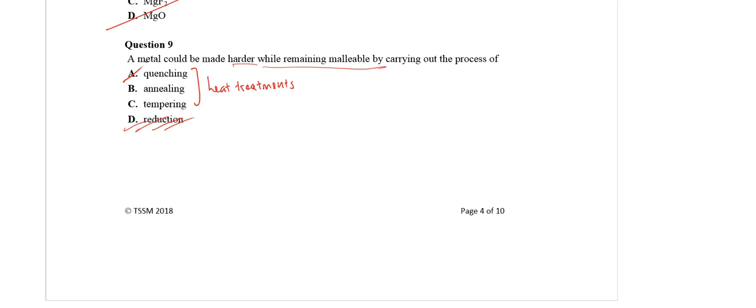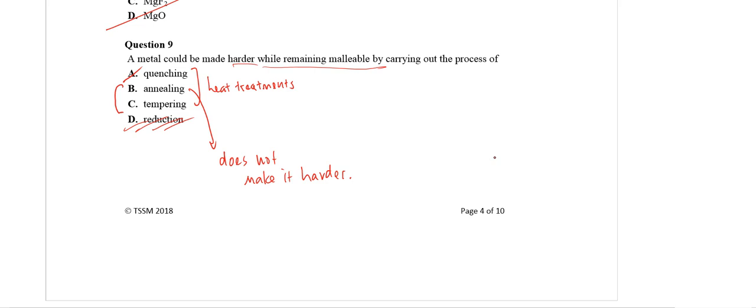Slow cooling. I think both of these are actually possible answers, but annealing does not actually make a metal harder. I'll add that. Does not make a metal harder. Makes it softer. Thank you, Joel. Yeah, it does not make it harder. It actually softens it so that you can work on it later.